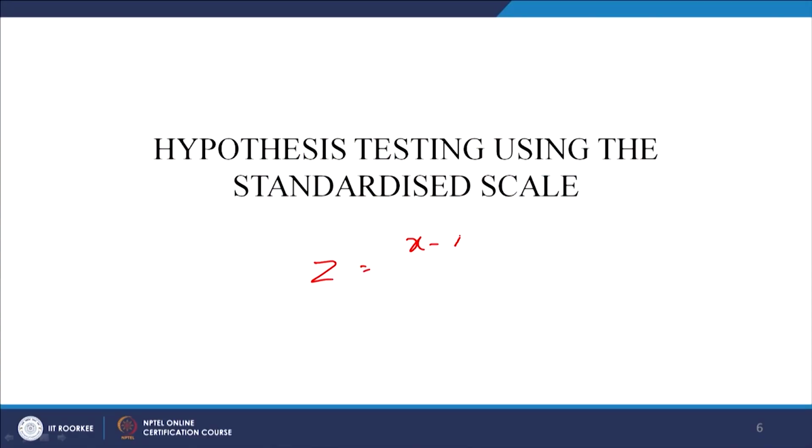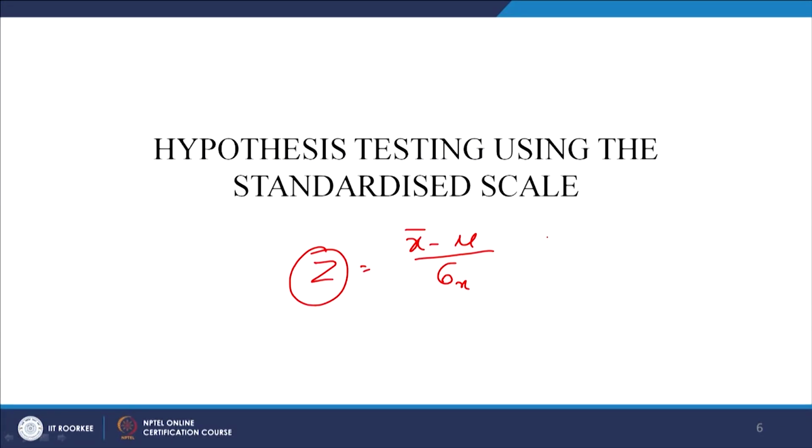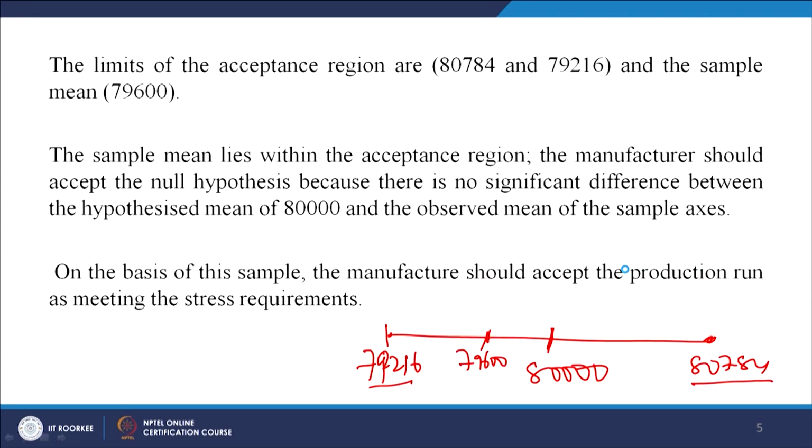The same thing you can do in terms of a standardized scale. Now, what is the standardized scale? If you remember, z is equal to x bar minus mu upon sigma x. So, this z value is nothing but the standardized standard errors from the mean, right. So, let us calculate that. How much is it? 79,600 minus 80,000, divided by sigma x, which was, if I am not wrong, 400.